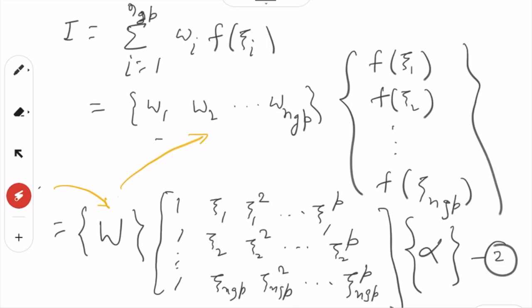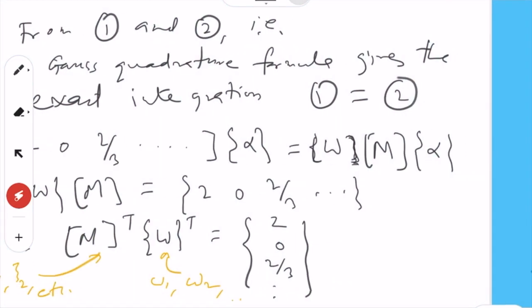So we will have 1, xi, xi square and xi to power cube, right. So we have 1 2 3 4, and then NGP equal to 2, so we have 2 of them, but we have to transpose this one. So you have 1, xi 1, xi 1 square, and so on like that. So this is what the matrix M is. Okay, so let's write that.